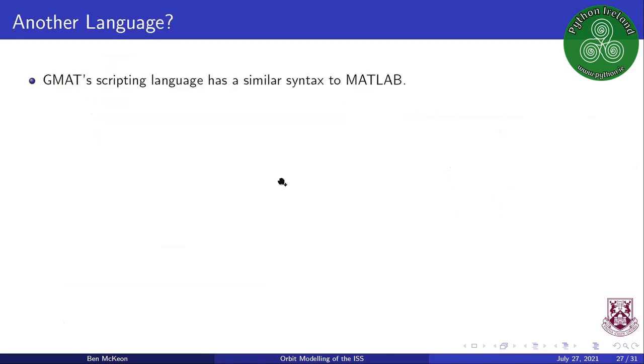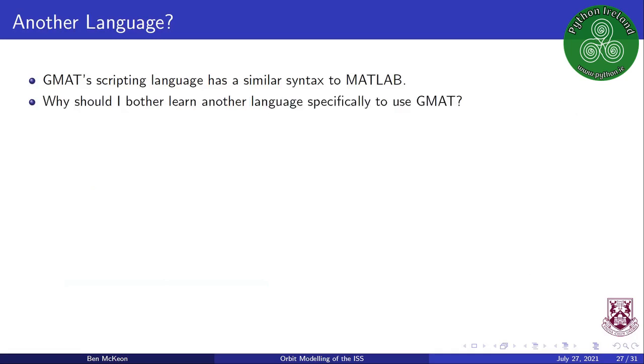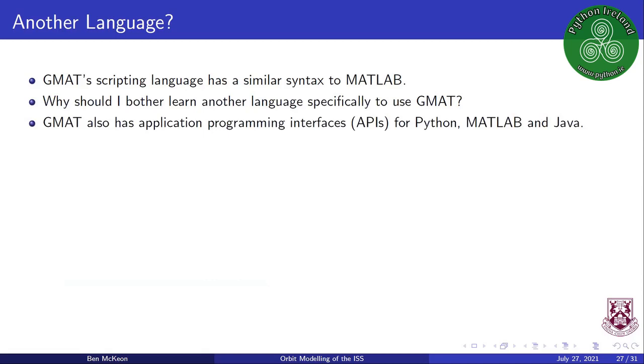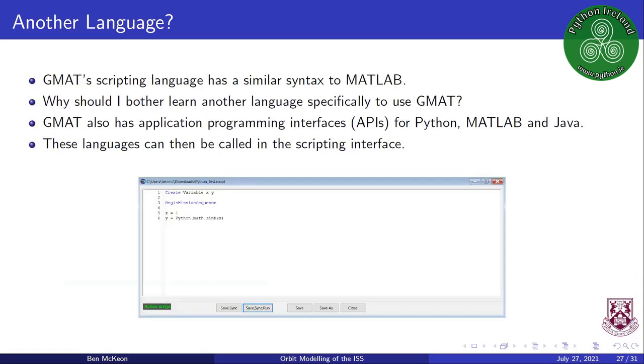So you're probably wondering, okay, it has a scripting interface with a syntax which is similar enough to MATLAB, but why would I bother learning a new language just to use GMAT? However, GMAT also has APIs for Python, MATLAB, and Java. So you can call Python, MATLAB, or Java, depending on which API you're using, natively in the scripting interface.